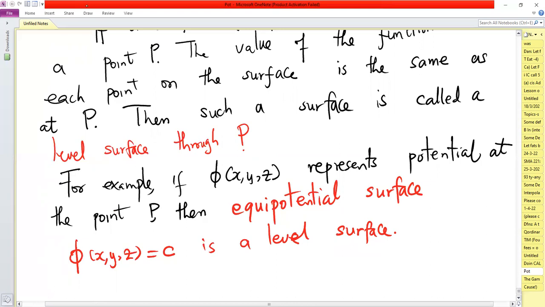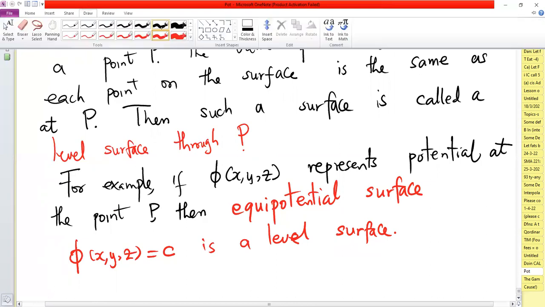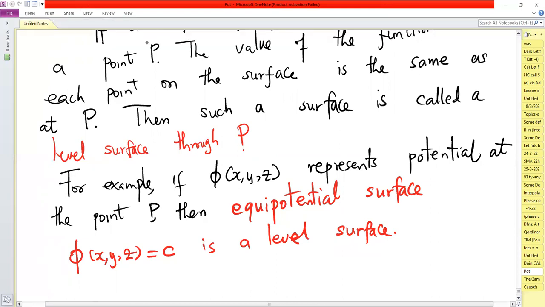And then one key thing that you have to remember is that no two level surfaces can intersect.